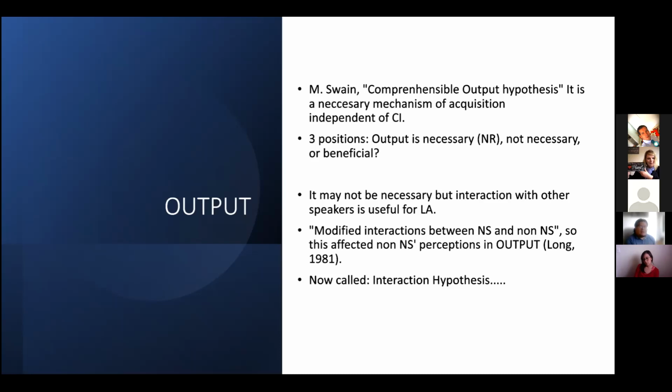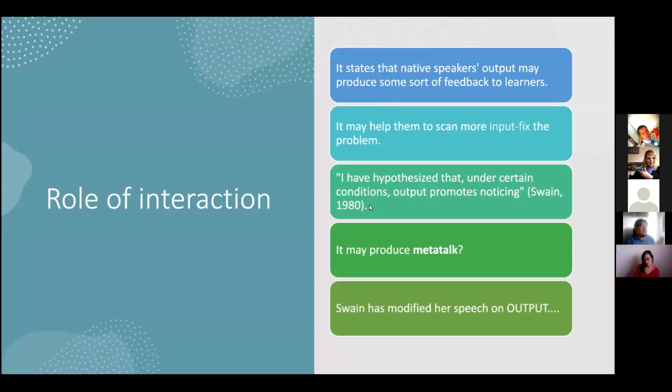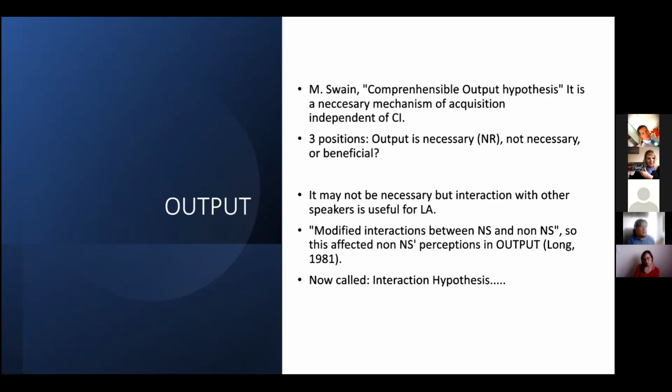Okay, so in this case, this is called the interaction hypothesis, and this is when it goes to the last part. It's going to assert if it's beneficial or not for non-native speakers.